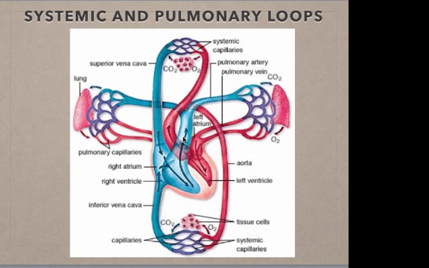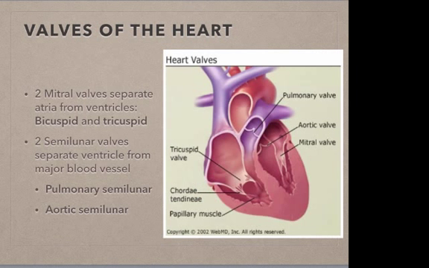The right ventricle pumps blood out to both lungs, and then once the blood picks up oxygen at the lungs, it's returned into the left atrium. From the left atrium, blood goes to the left ventricle and then gets pumped out to the body. Some of it's going up towards the head and arms, some of it's going down towards the trunk and legs. Once that blood drops off its oxygen to the tissue cells, it heads back to the heart.